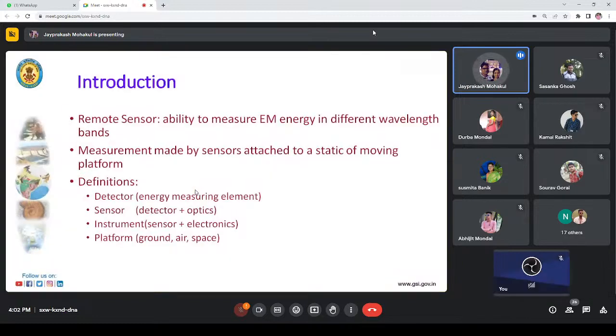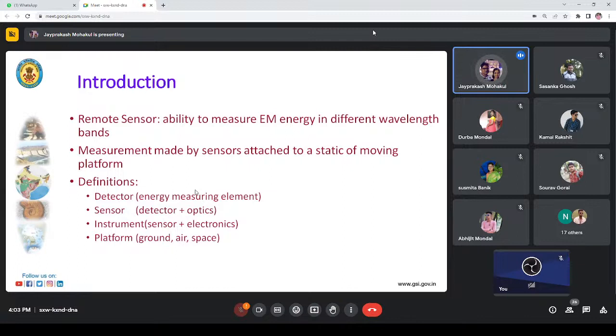Now a remote sensor has the ability, something similar to your rods and cones in the eyes, right? It has the ability to measure electromagnetic energy in different wavelength bands, right? So for each band, it will have a particular energy level which it measures. Suppose the entire energy falls on a sensor.